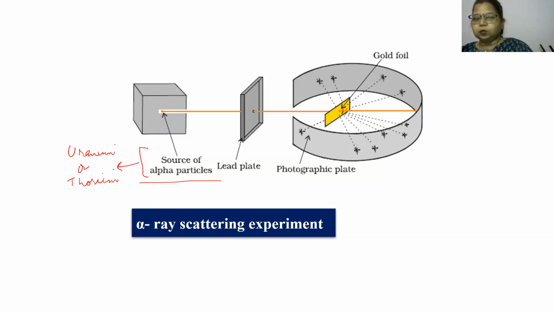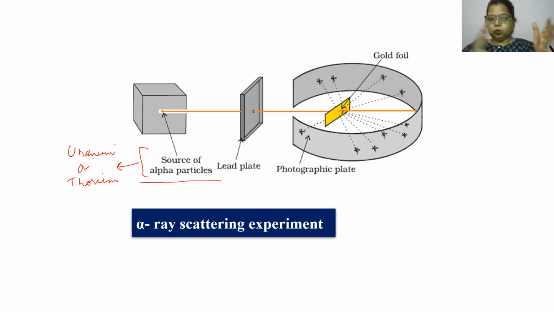Another thing which you must notice is that everything which is being emitted is allowed to pass through the lead plate first. What is the role of the lead plate in this image? To make them go in one direction. Now, the alpha particle is an atom which is spherical in shape, right?